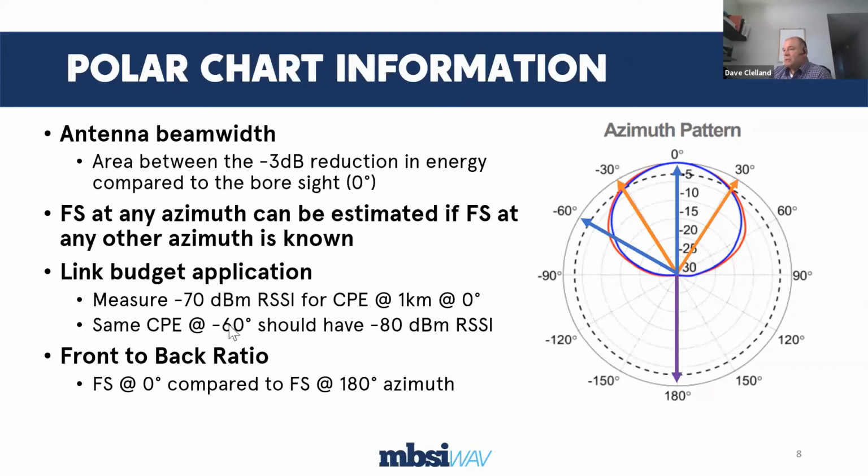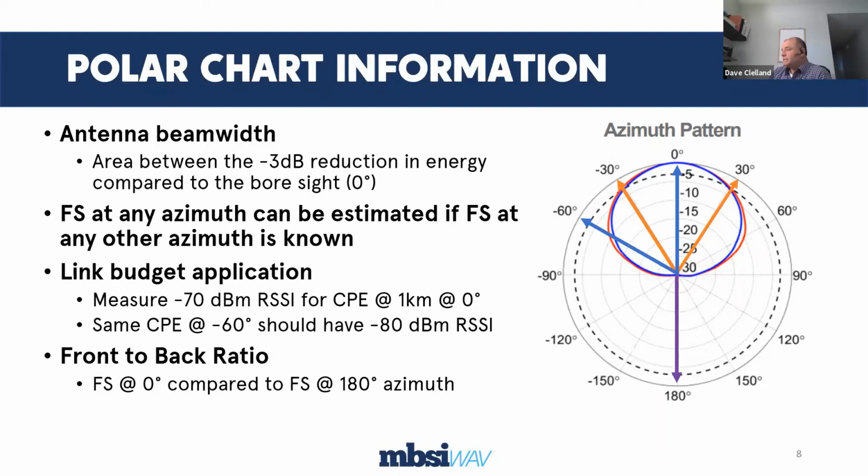My numbers here, I used minus 60 in the slide, and so at the 3 dB point, I would be at minus 63. At the 60 degree point away from the antenna, I would be somewhere around a minus 70. And then as I kept on going here towards 90 degrees, you can see that I would be 25 less than my value here.